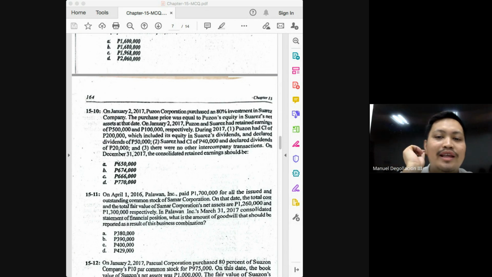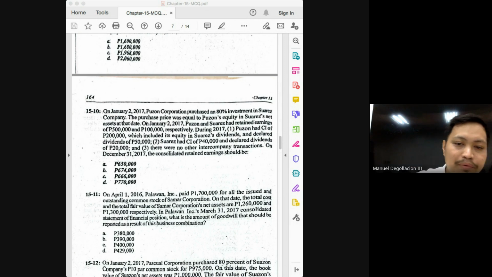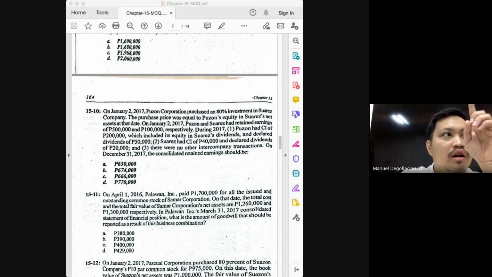So you add 40 to the income from own operations. 184 plus 40 will give you what? 224,000. What do we call this 224,000? The consolidated income using the entity approach.